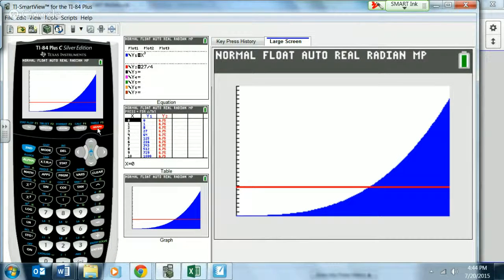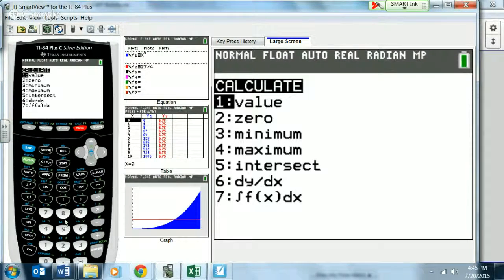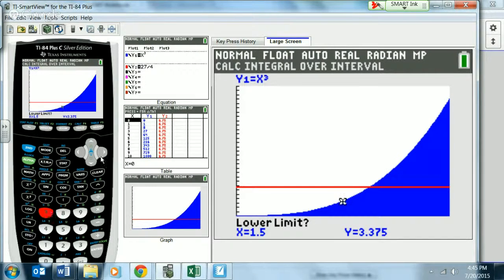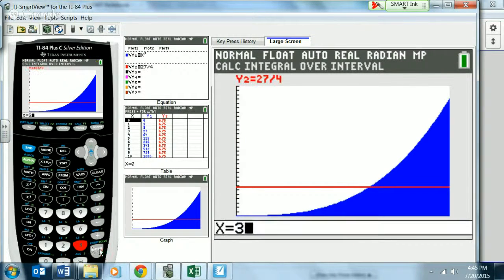Now, if that is the average value, then the area under the curve of that rectangle should be the same as the area under the curve of the blue. We got 20.25 for the blue. Let's see if we get that for the area under the red curve also. So second calc 7, hit your down arrow to go down to your second function. And then I want to find the area from 0 to 3 again.